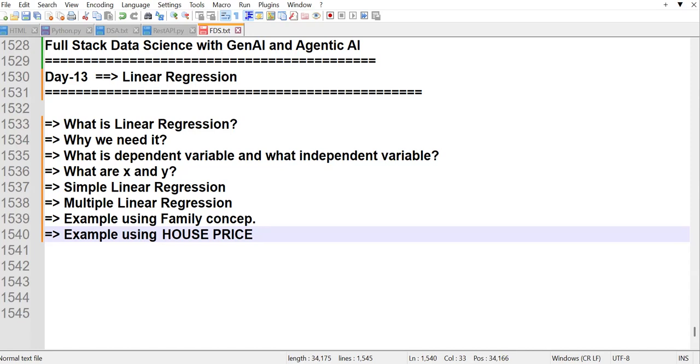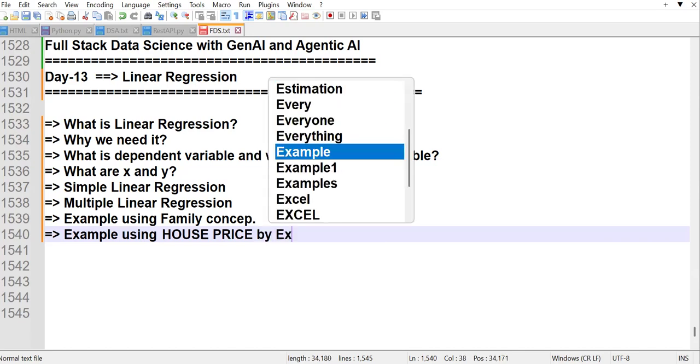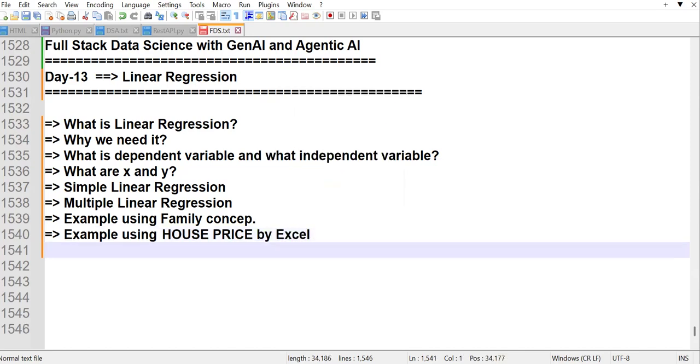House price prediction, we will do it in Excel. All right, so these are all the things we have to study in today's video.